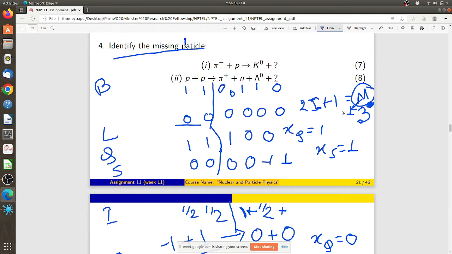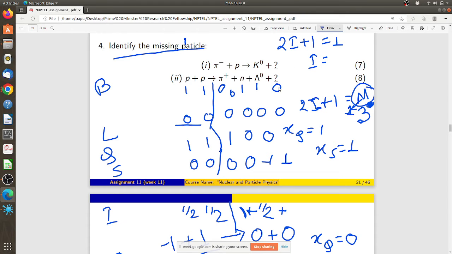It's 2I plus 1. So I value such that the right hand side will be 1. 2I plus 1 equals 1. So I will be what? So XI will be minus half. No, I am not talking about XI, I am just talking about lambda 0's I. What is the value of I for lambda 0?